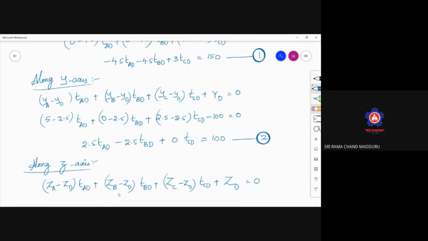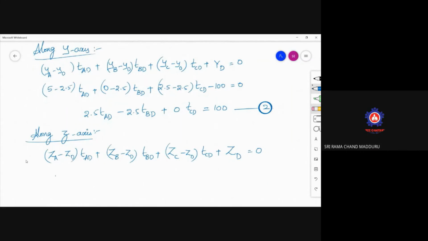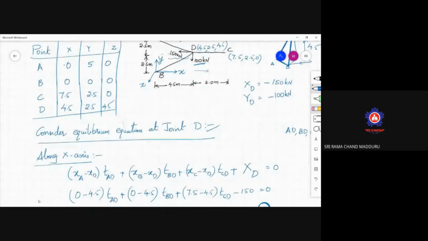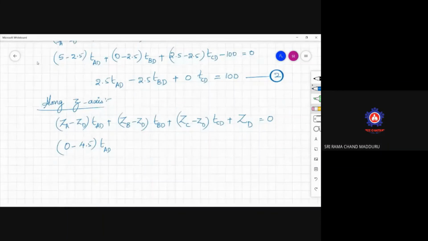That is along the height. So the coordinates here, this is 0 minus 4.5 into TAD. How you got ZA? We already represented the coordinates for point A, where Z is 0 for A, B, C. Only D is having 4.5 meters height on the bottom plane.